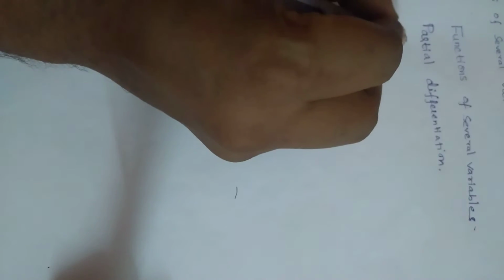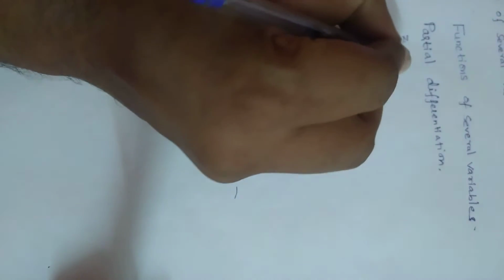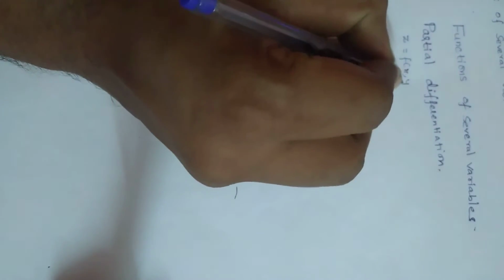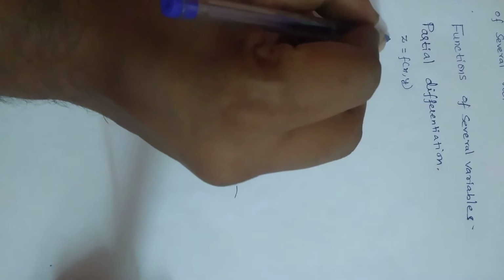In partial differentiation, if a function z is a function of x and y, and z is differentiated with respect to x, then y will act like a constant.